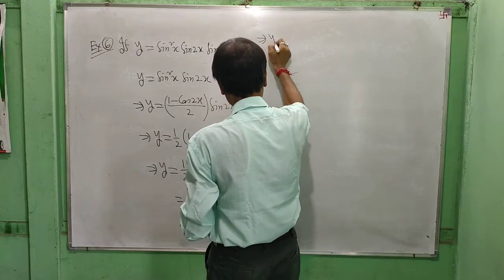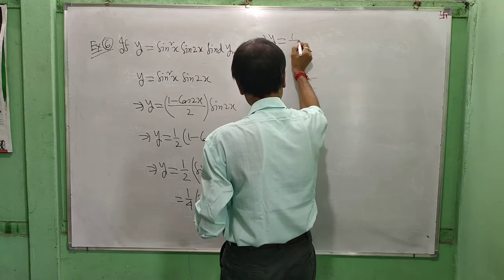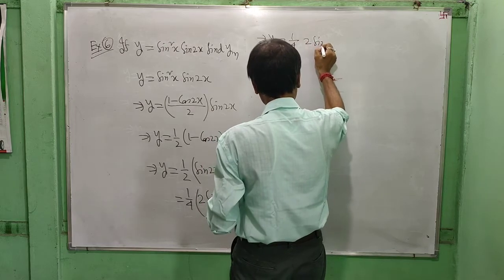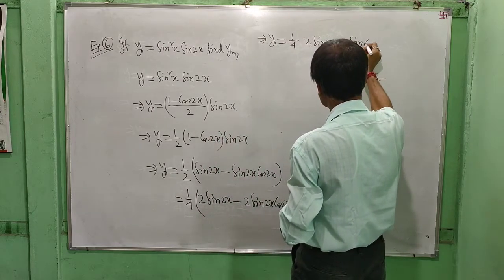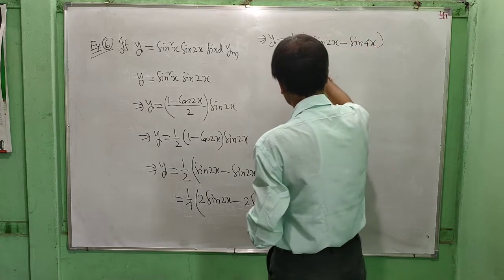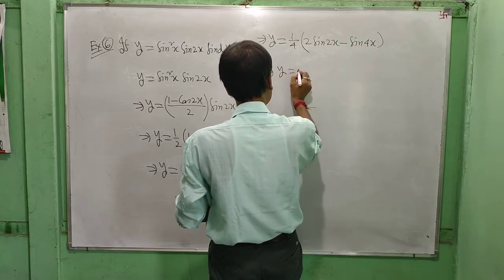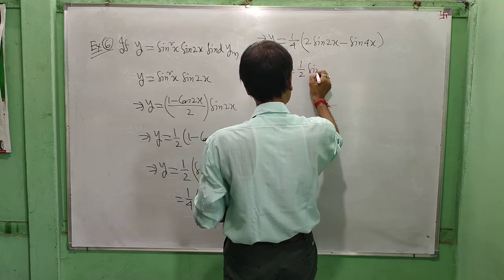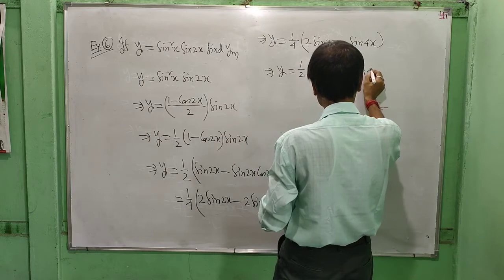This means y is equal to 1 by 4, 2 times of sin 2x minus sin 4x. Or you may write it like this: 1 by 2 sin 2x minus 1 by 4 sin 4x.